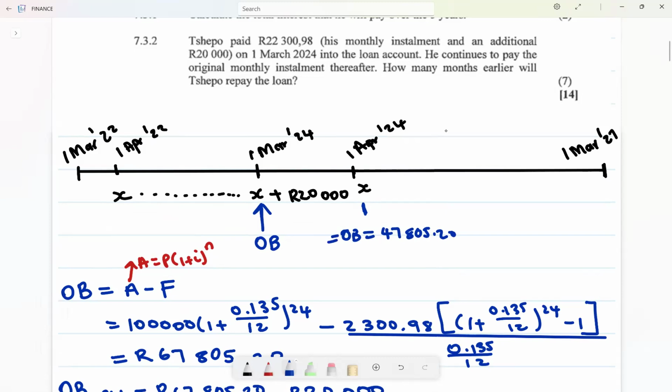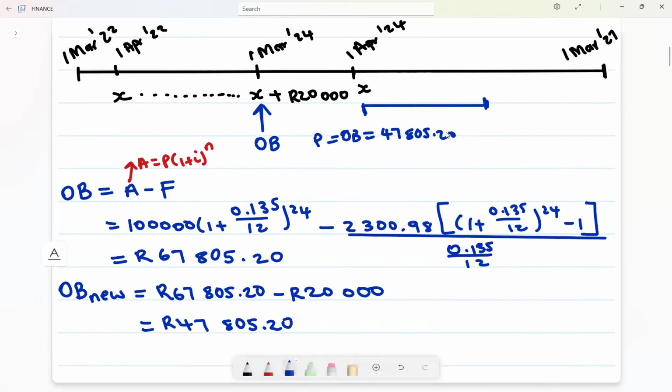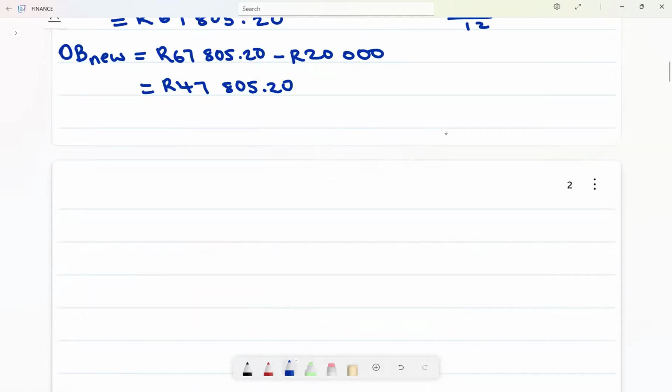Remember this OB is the same as the present value, the value that you still owe. We need to know how many months he is going to take to settle this amount when he continues making the monthly payment.